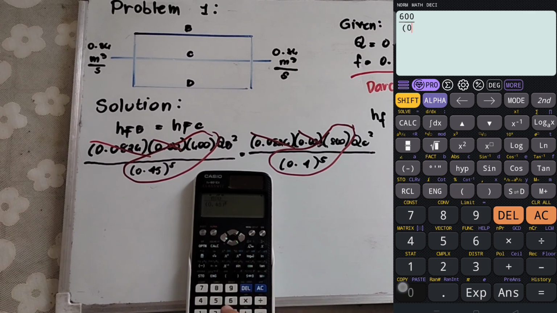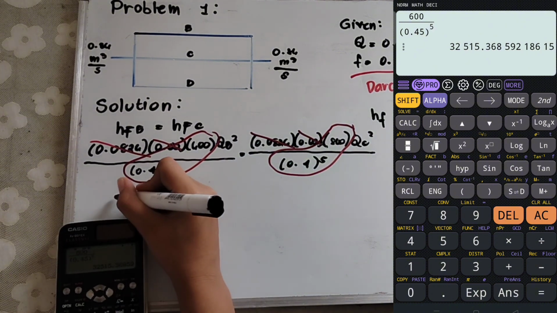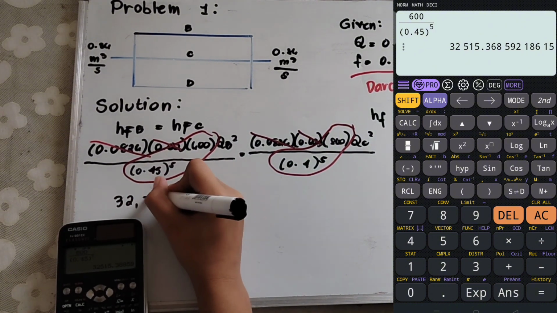So, 600 over 0.45 raised to 5 equals 32,515.3686.